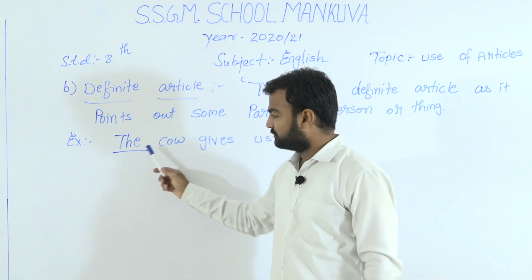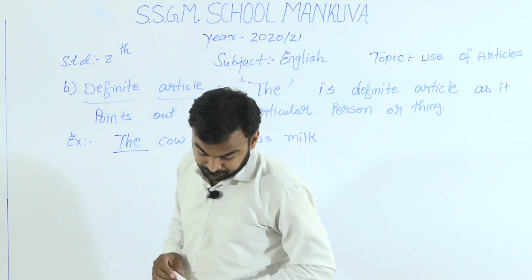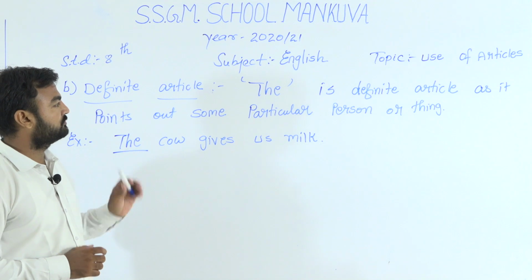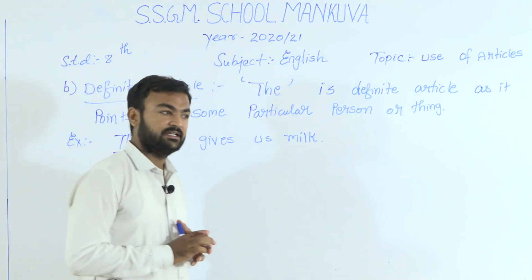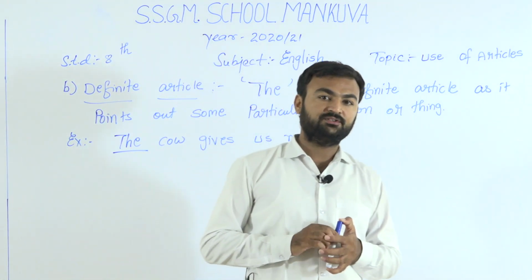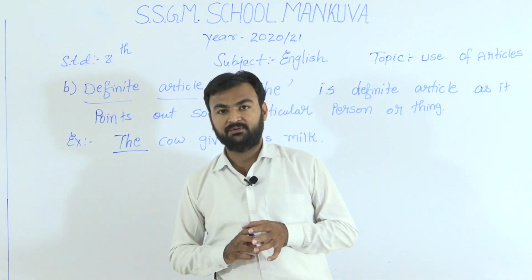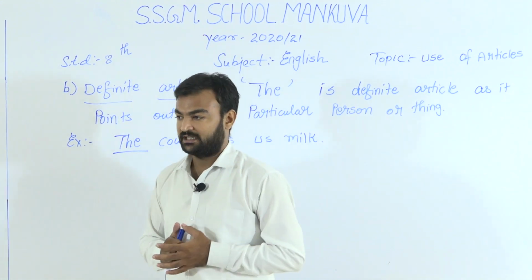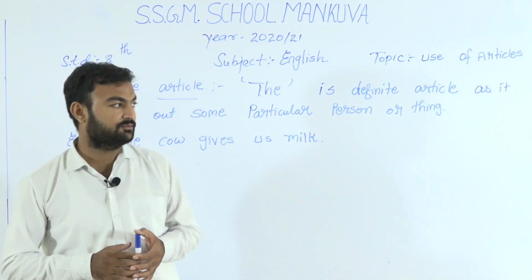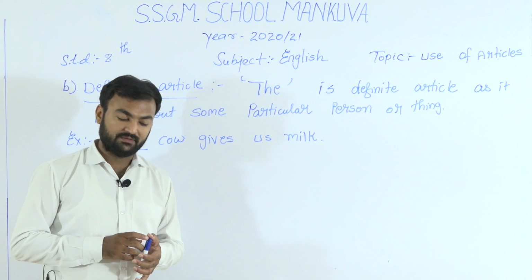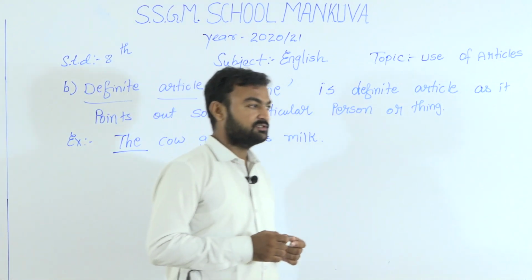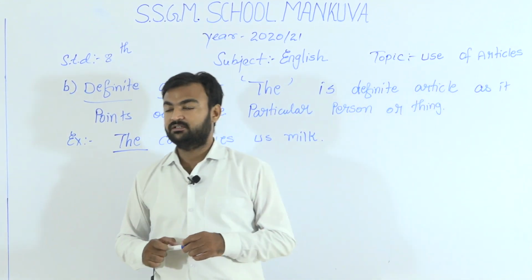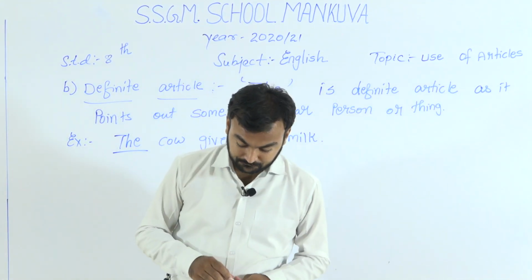So for that we use the over here. So students, now we come to know that we use a before consonants, an before a word beginning with a vowel or vowel sound, and we use the for a particular person or thing.